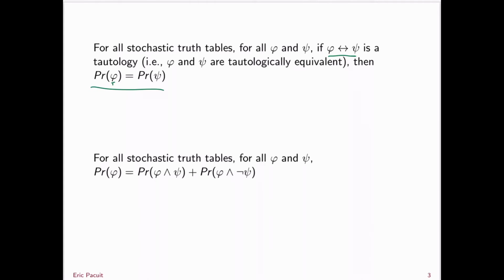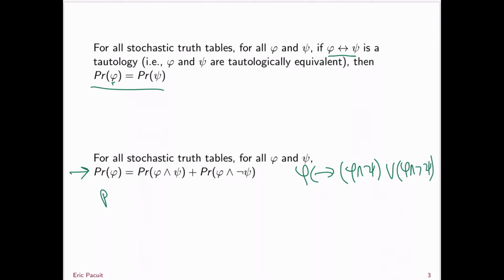We can use this idea to derive this other really important fact about probabilities. Namely, the probability of phi must be equal to the probability of phi and psi plus the probability of phi and not psi. And this is easy to see once you note that phi if and only if phi and psi or phi and not psi is a tautology.